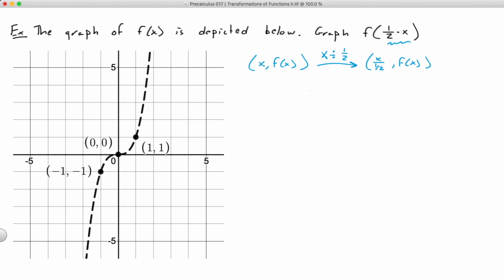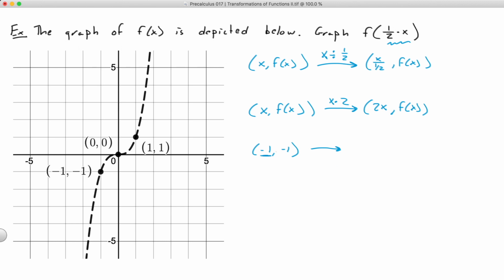Now, as you may remember, dividing by a fraction is the same as multiplying by its reciprocal. And so we can actually reframe this to say we can transform x comma f of x by multiplying x by the reciprocal of 1/2, or 2 in this case, giving us 2x comma f of x. And so if we start with our point -1, -1, we can transform this by multiplying that x coordinate by 2.